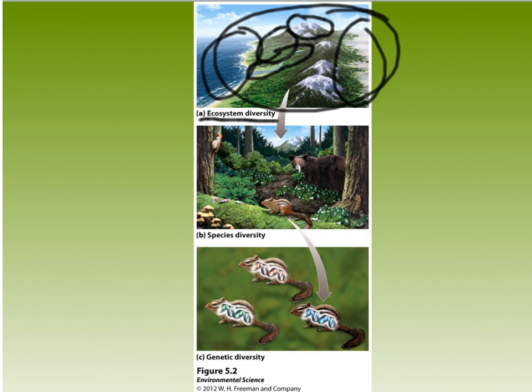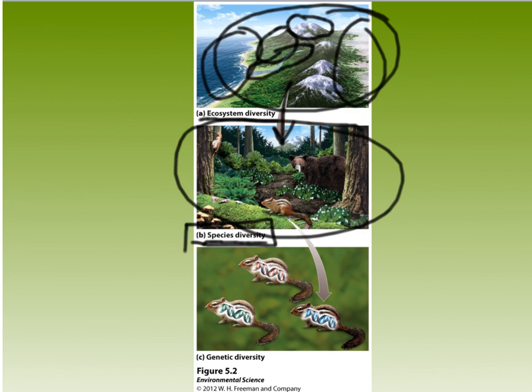All this high diversity of ecosystems is going to really contribute to the overall variety of species that it can hold. And that's where we have species diversity. All these different ecosystems being in close proximity is going to contribute to a very high animal and plant diversity, species diversity. So ecosystem diversity contributes to species diversity.